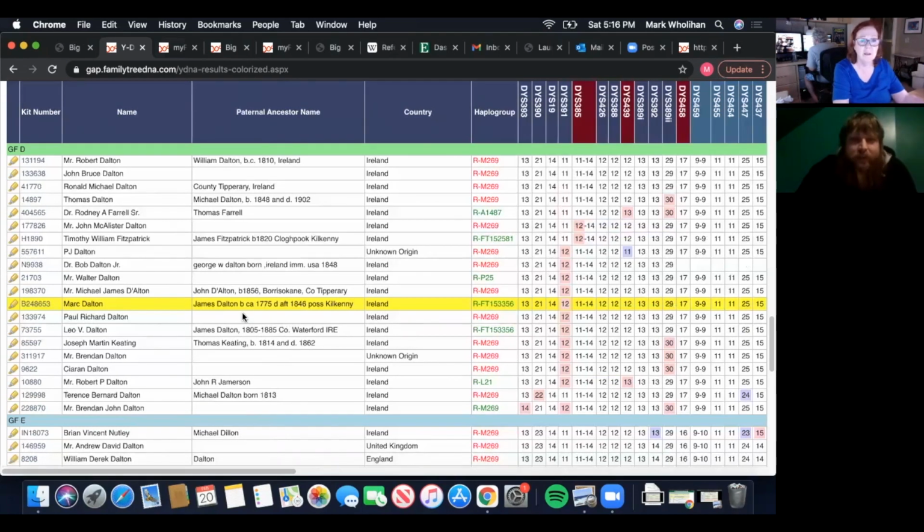The tricky bit is that they think the family's from County Kilkenny, but they're not sure. Apparently, this is someone who was brought to Australia as a prisoner, and the article in a newspaper in Ireland when he was convicted mentioned County Waterford.